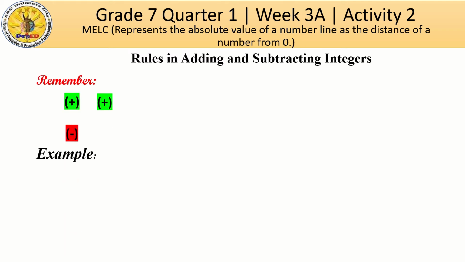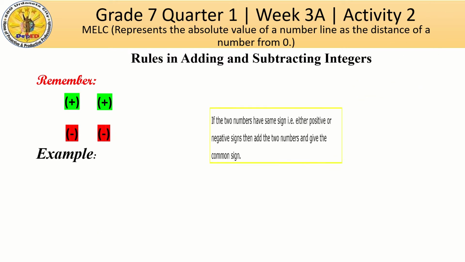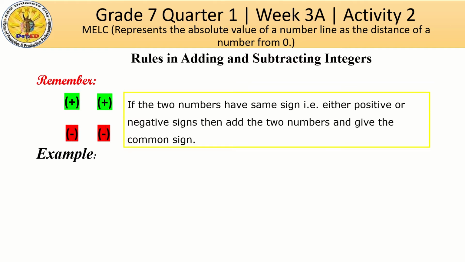I colored positive as green, red for the negative sign. If the two numbers have the same sign, either positive or negative signs, then add the two numbers and give the common sign. So the operation that we're going to use is addition.